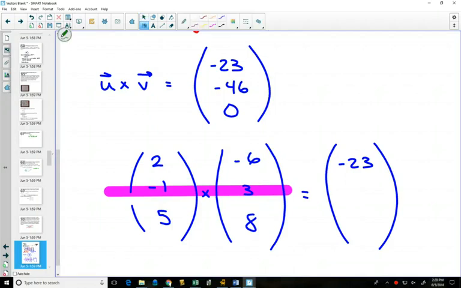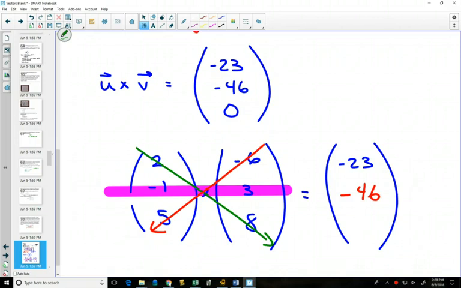And watch what happens here. Just like in the determinant, the first one was positive, the second one was negative, and then it went positive, negative, positive. So watch this one. When I do 16 plus 30, minus a negative 30 actually, I get positive 46. But the second one, whatever answer you get, you make negative.